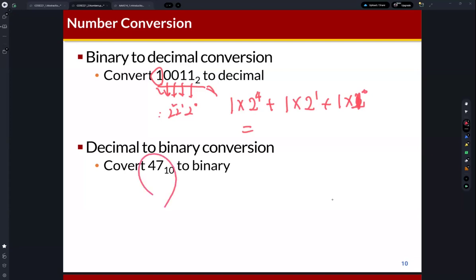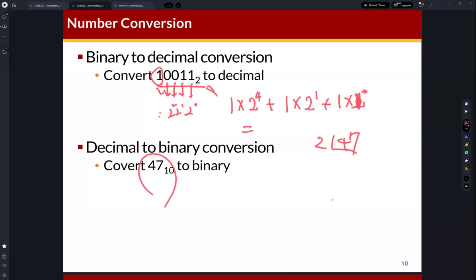So we can easily convert a binary number to a decimal number, right? And then how can we convert a decimal number to a binary number? We can divide this number using base 2.